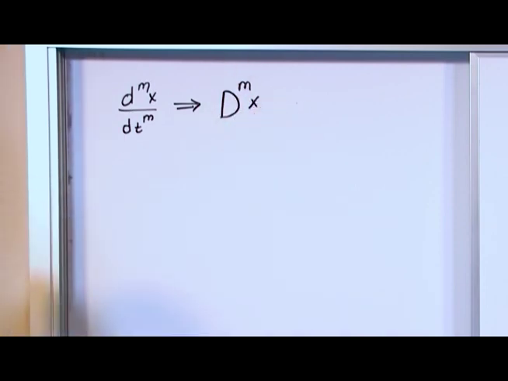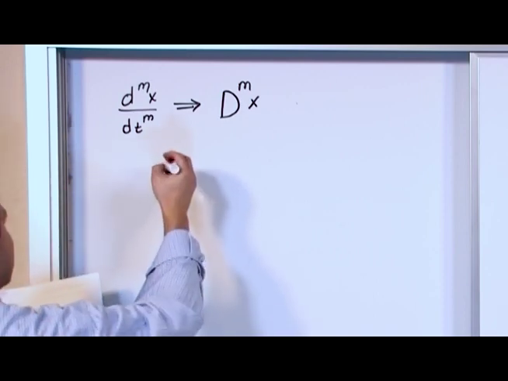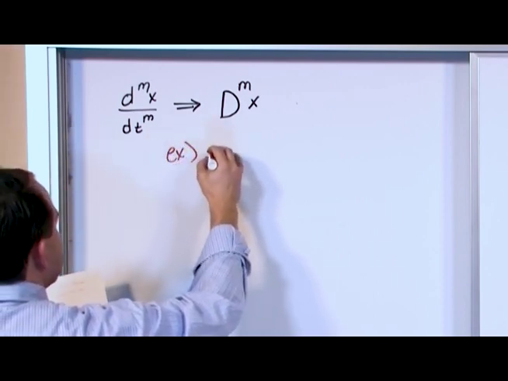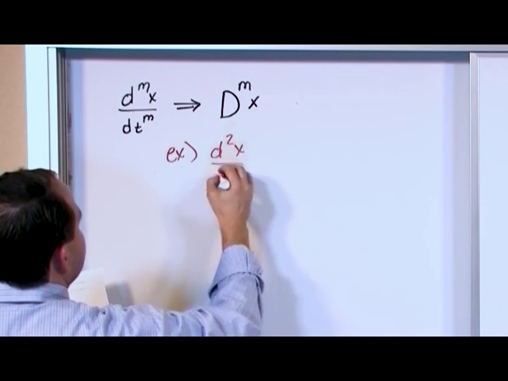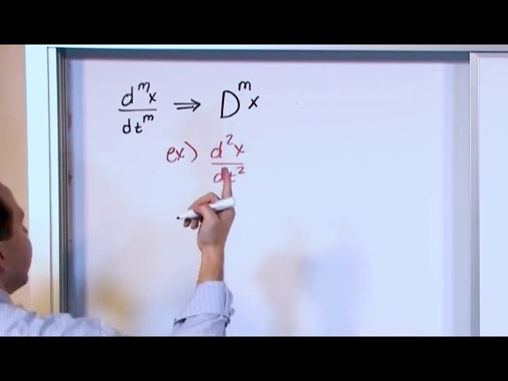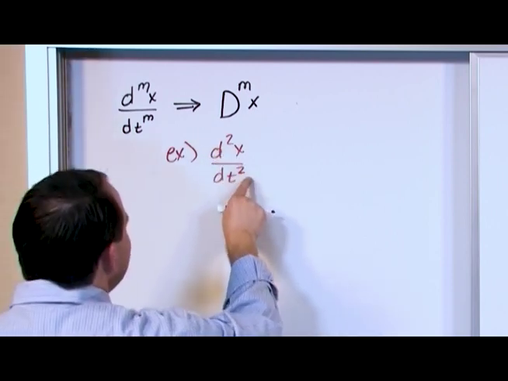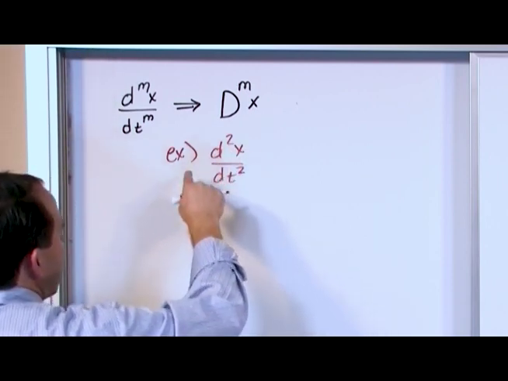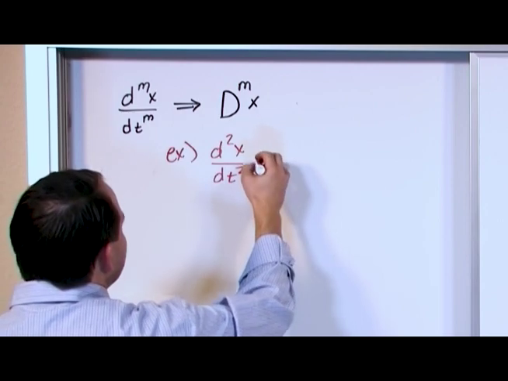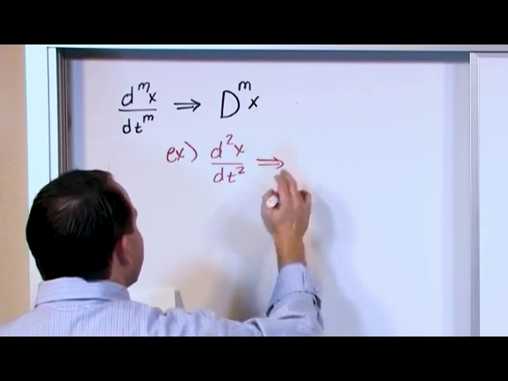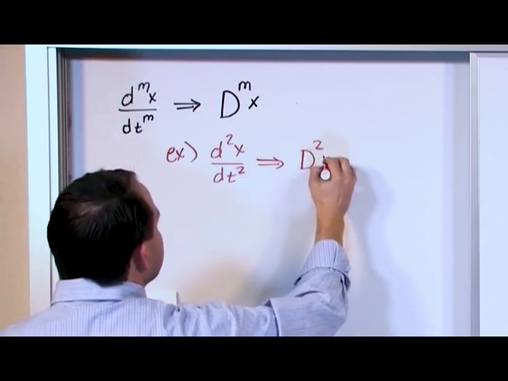As an example, just to nail it down and make it concrete, if I wrote down the following, everyone knows this is the second derivative of x with respect to time. But notice how you have to put these 2's everywhere, the ugly fraction bar, all this stuff, the little lowercase d's, hard to read. Well, if I were going to write it in operator notation, it would be D squared x.